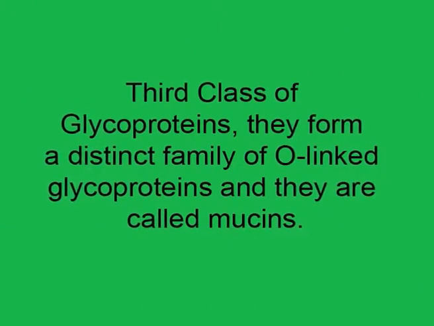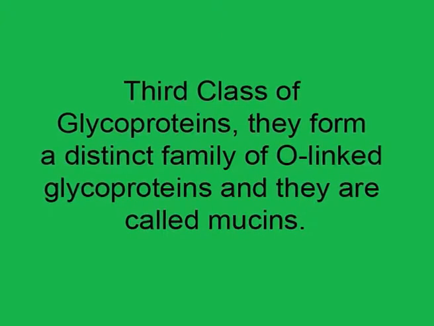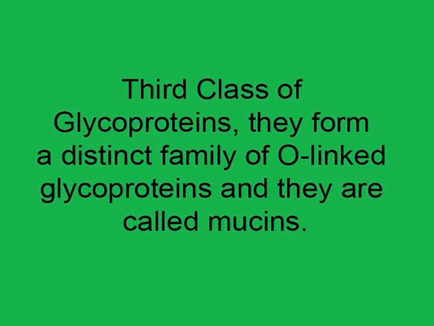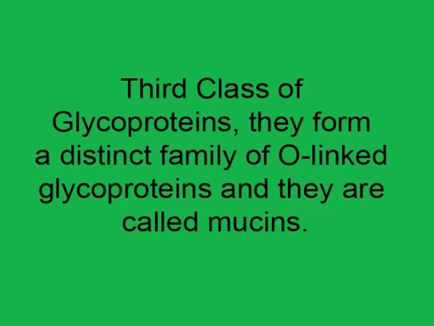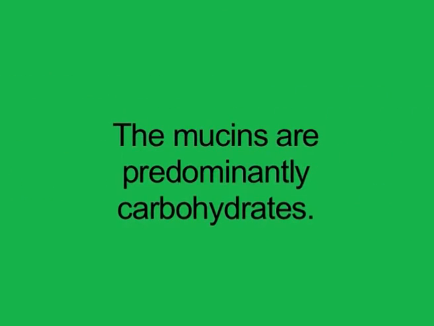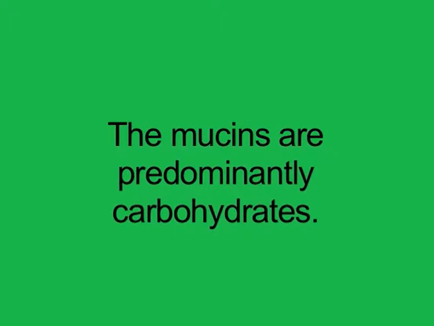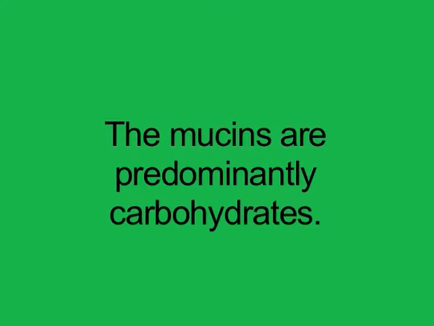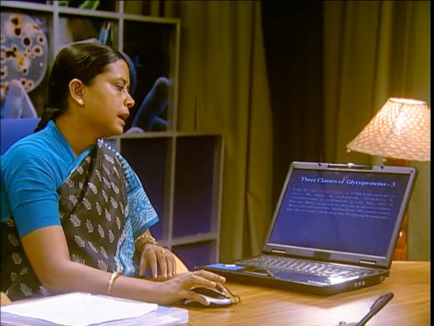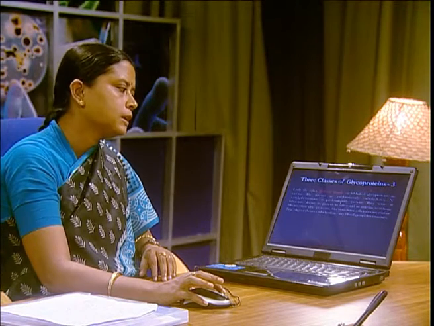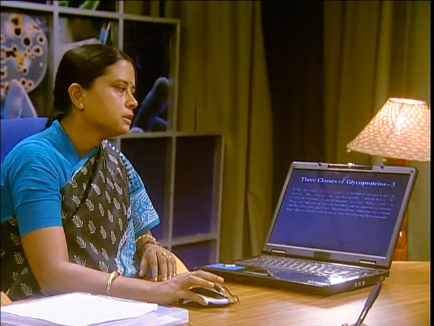The third class, class 3 glycoproteins, form a distinct family of O-linked glycoproteins and are called mucins. The mucins are predominantly carbohydrates, similar to class 2, and N-acetylgalactosamine is present prominently. They serve as lubricants.